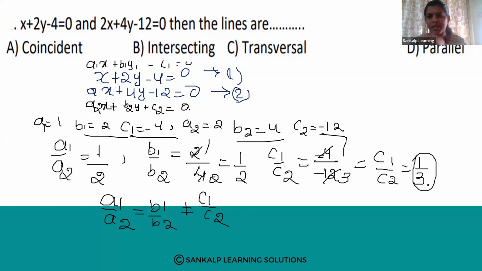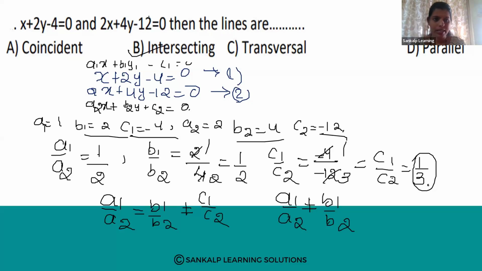This is not equal to a1 divided by a2 and b1 divided by b2. Therefore, when a1 divided by a2 is equal to b1 divided by b2 but not equal to c1 divided by c2, that time the two lines are parallel. Therefore, option B is right.